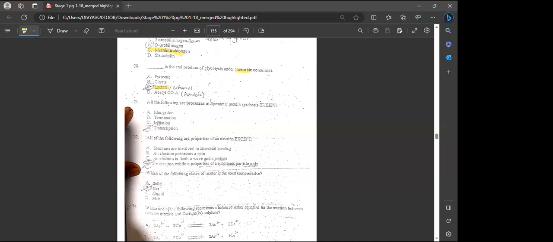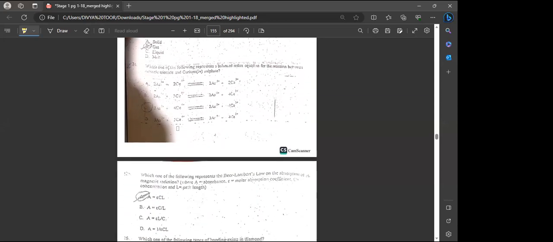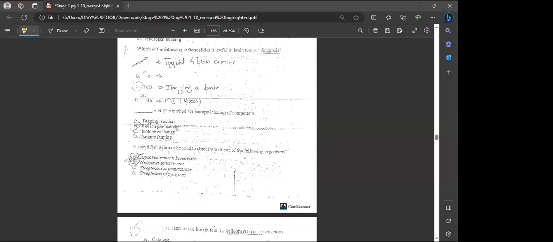Initiation, elongation, termination are one thing. So with elimination, you can just choose transcription.